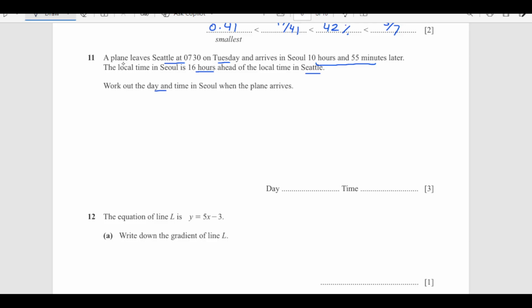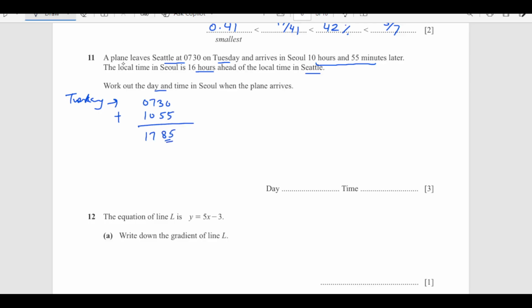So I will start with Tuesday. On Tuesday, the plane starts at 7:30, right? And it takes 10 hours and 55 minutes. So I'm going to add 10 hours and 55 minutes here. So let's see what we have. We have 17:85.